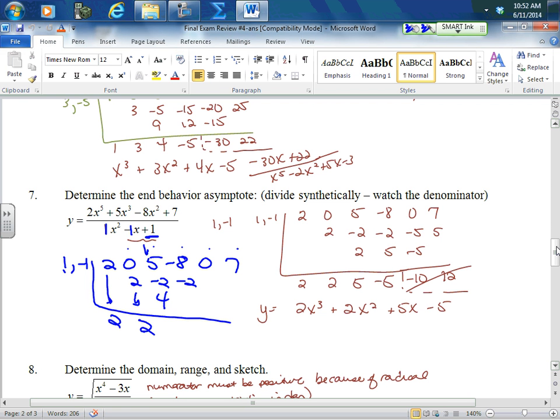Stop, add this guy down. The line was 5, negative 2, 4. Isn't it supposed to be 5, negative 2, 2? Because 1 times 2 is 2.